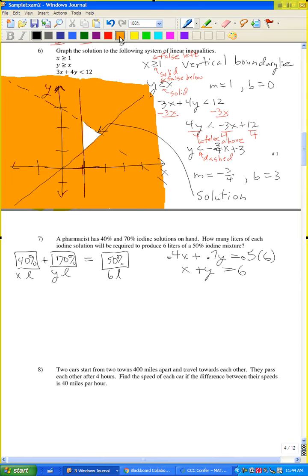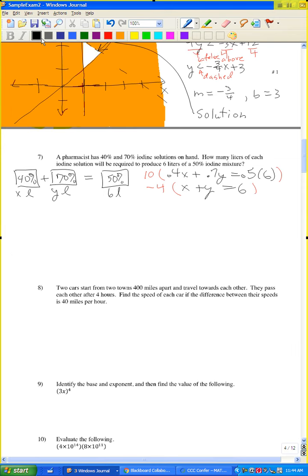So let's multiply this first by 10. And let's multiply this by negative 4. So if I do that, I get, and maybe I'll call that R1 and R2, I guess.